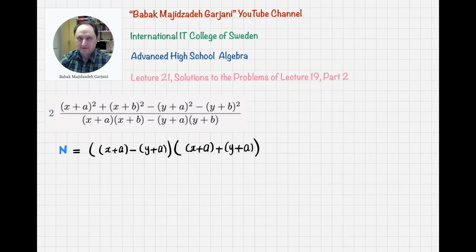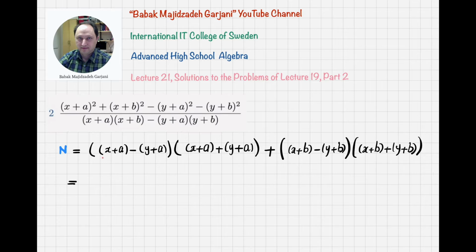Okay, and then plus, I can do the same thing between this one and that one. So it becomes x plus b, square root of the first one, minus the square root of the second one, multiplied by the square root of the first one plus the square root of the second one. Yes? Okay, now let us simplify these expressions a little bit more.